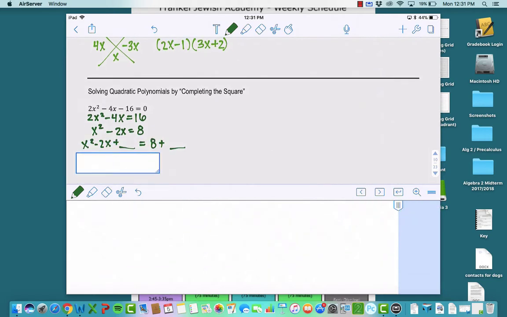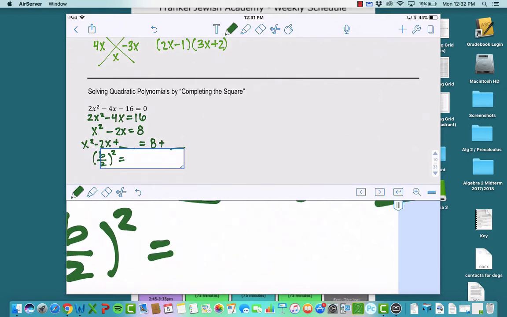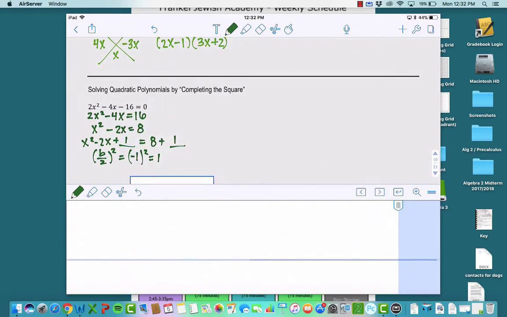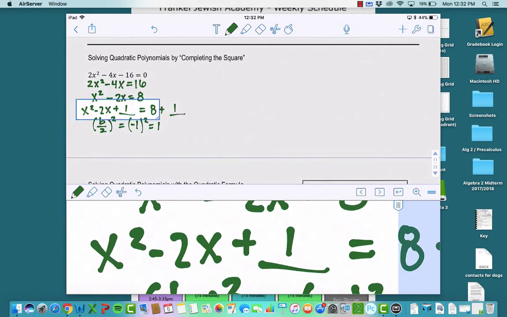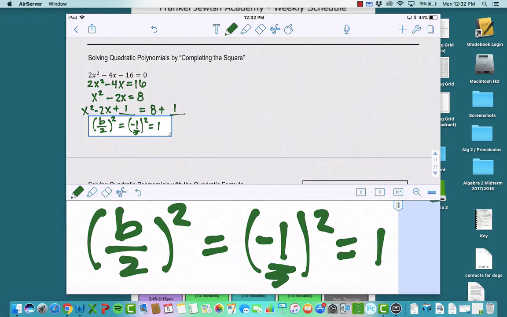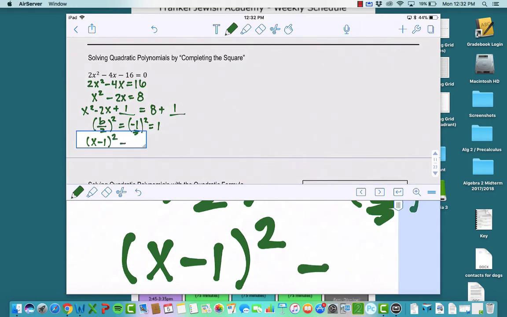So over here, I do b over 2 squared, which is negative 2 over 2, or negative 1 squared, which is 1. Now I can factor this using that number inside right here, that b over 2, as x minus 1 squared equals 9.